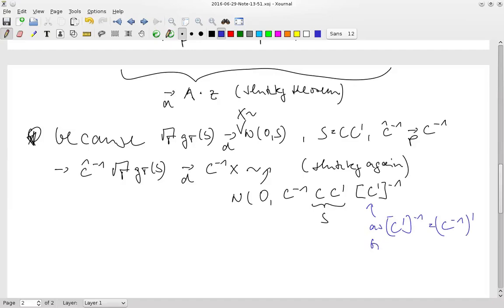That's again a result that we can take from Greene, his result A62, a useful result regarding the inverses of matrices. Now, what we're going to see here is that terms cancel out. C to the minus 1 with C, and here the inverse of C prime also cancels out, and what we're left with is the normal distribution with mean 0 and identity variance covariance matrix, which is what we have claimed.